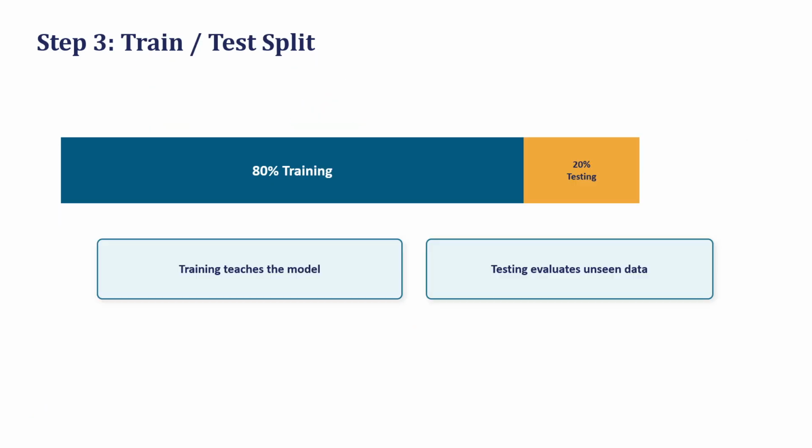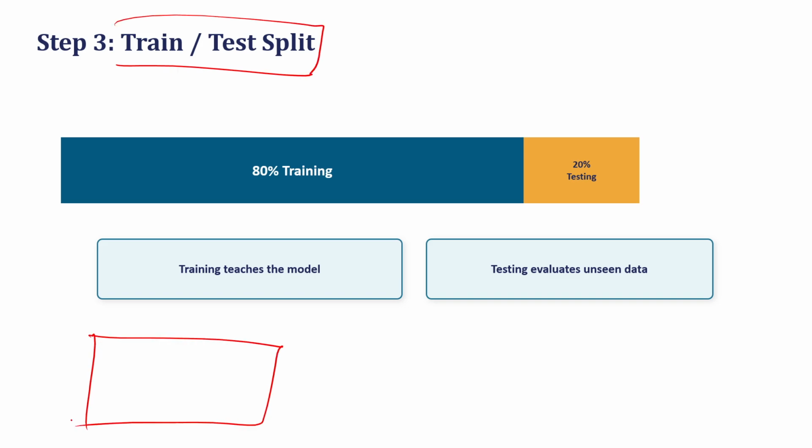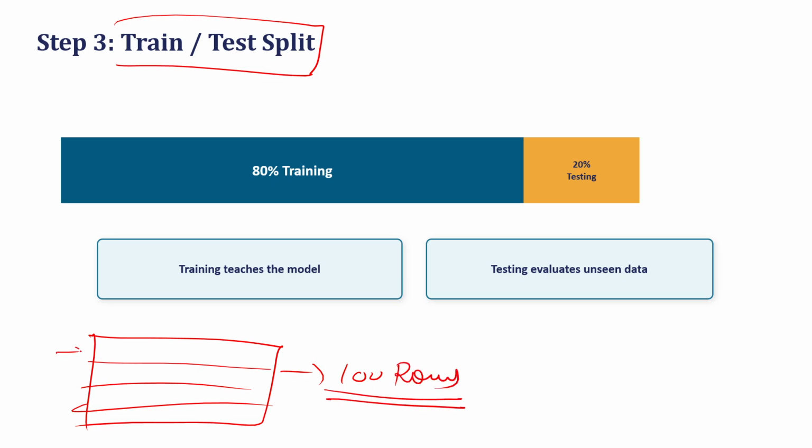In step 3, you have that data. Let's say you have 100 rows of data. Each row is one record or one entity, which has its own input and its own output. So like this, you have 100 rows.